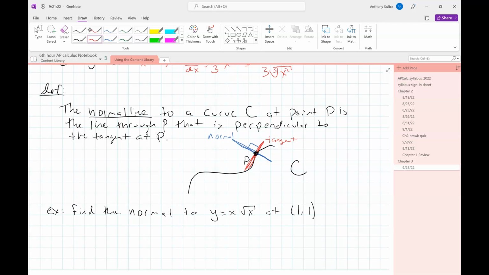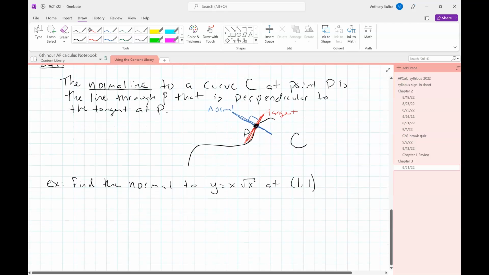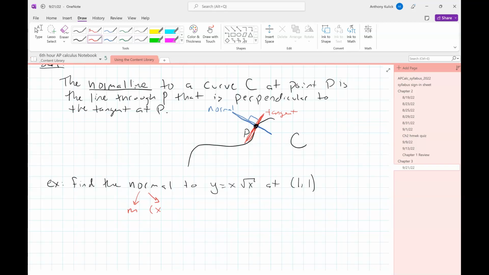Let's say we want to find the normal line to the curve y equals x times the square root of x at the point (1, 1). So if we want to write the equation for a line, we need two things, right? We need a slope and a point. Everybody's cool with that?